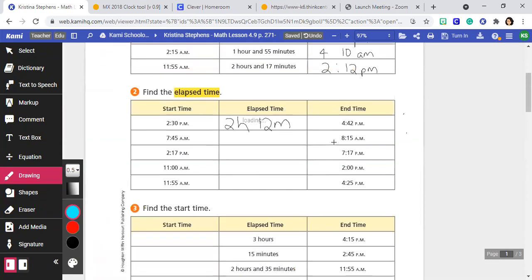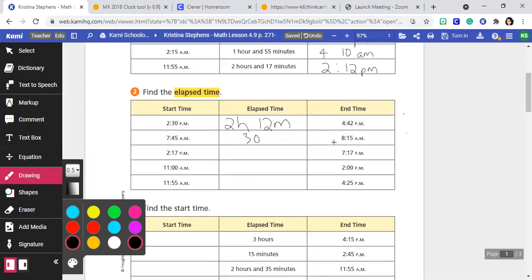And so I'm going to come back to my page here and put down that the elapsed time from 7:45 a.m. to 8:15 a.m. is only 30 minutes. All right.